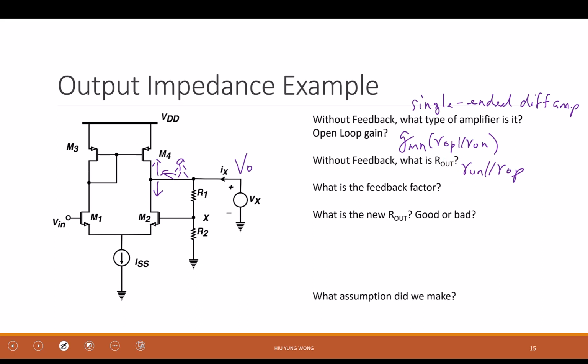What is the feedback factor here again? R2 over R1 plus R2, right? So what is the new R out with feedback? It was RON parallel ROP.